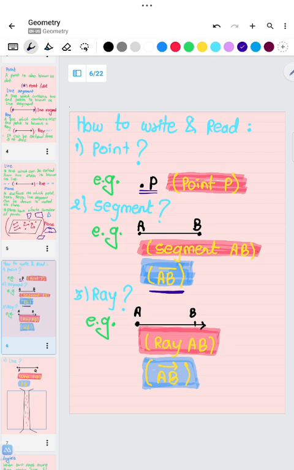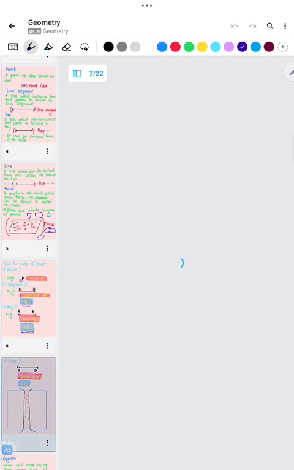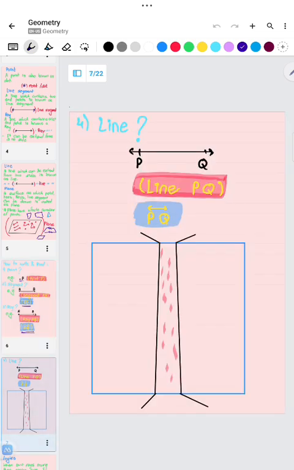Third, how to write and read ray. A ray is written like this and it is read as ray AB. Fourth, how to read and write line. A line is read as line PQ and it is written like this.